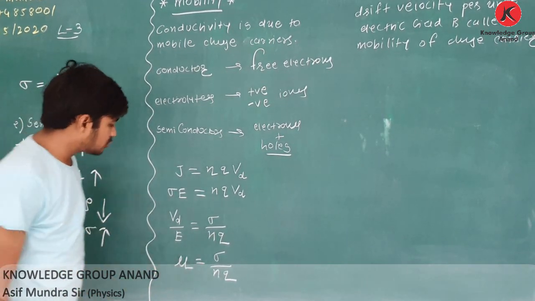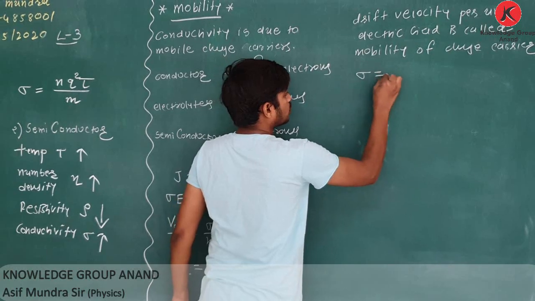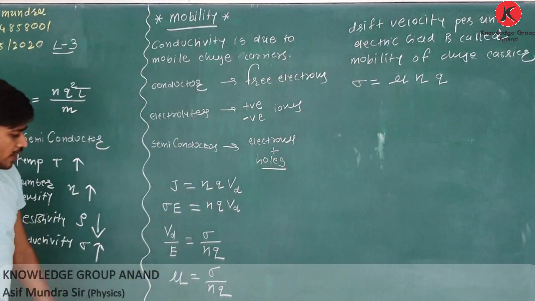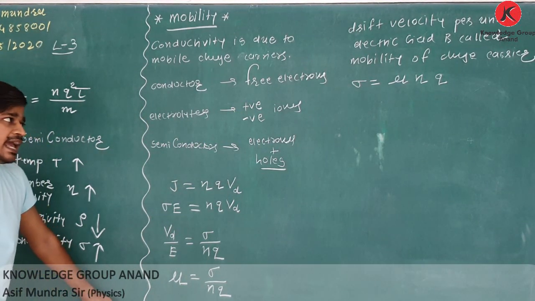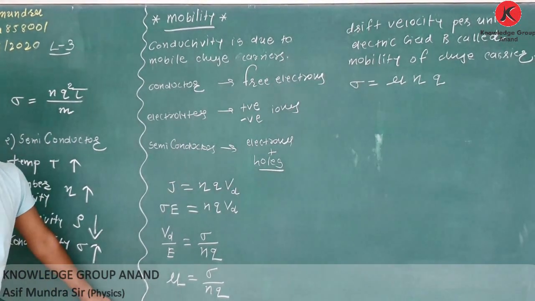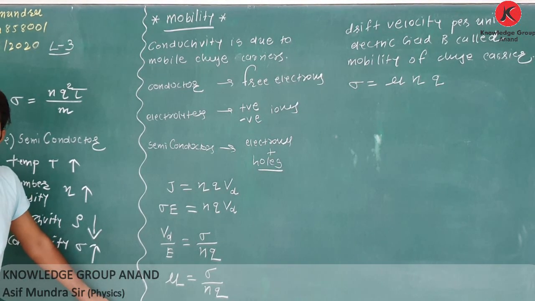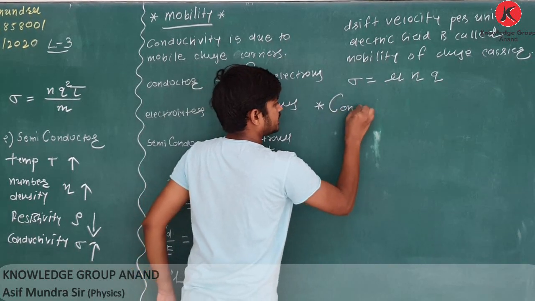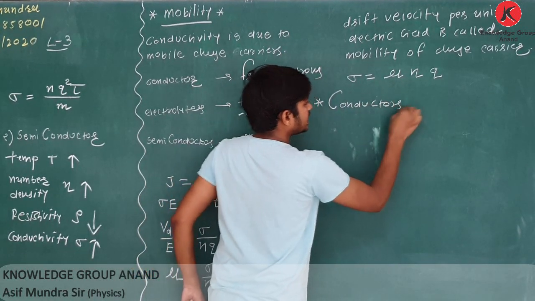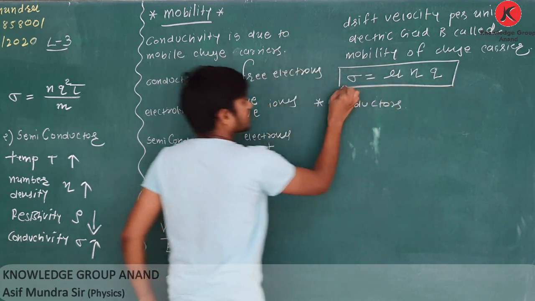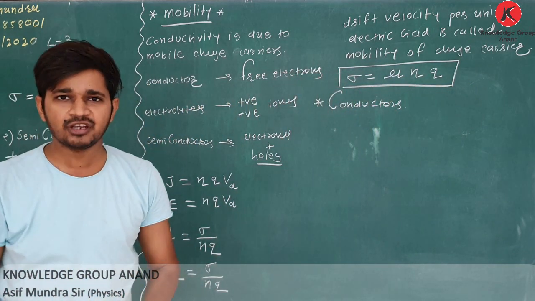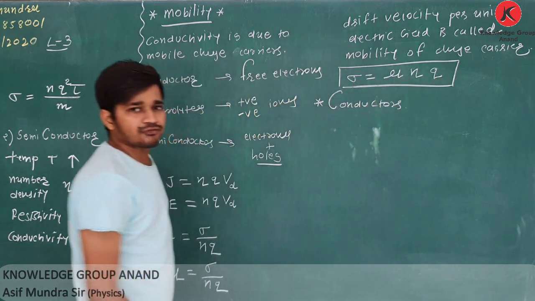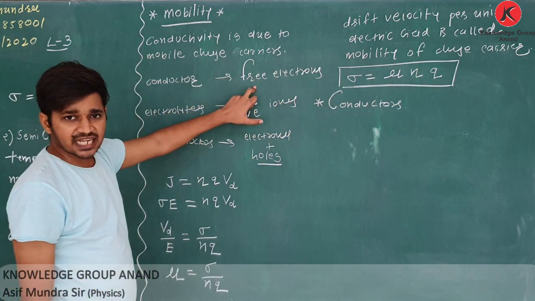Okay, now I can write this equation as, see, sigma is equal to mu n q, where mu is mobility, n is number density and q is charge. Okay. Now, in case of conductors, charge carriers are electrons.